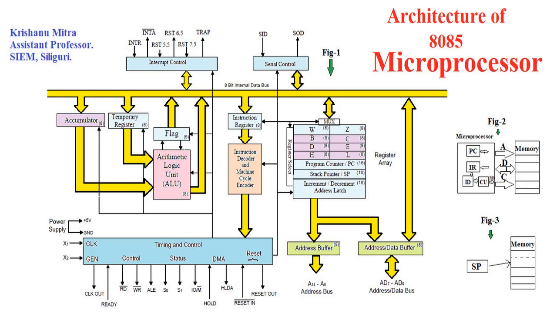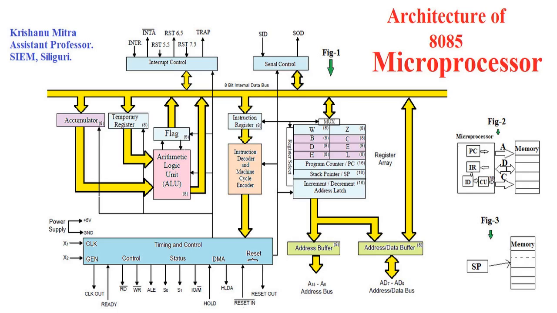If we see the internal structure of the microprocessor, we will see many blocks, as we can see in the diagram, and there are many registers of two types. One is the general purpose register, another is the special purpose register. The general purpose registers are accessible by the programmer, and the special purpose registers are not.